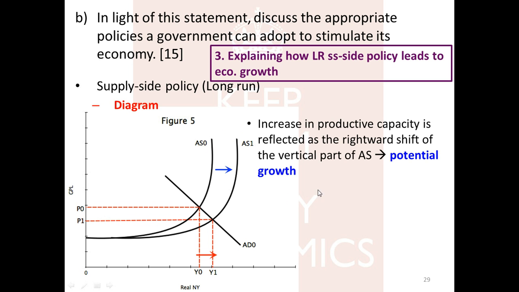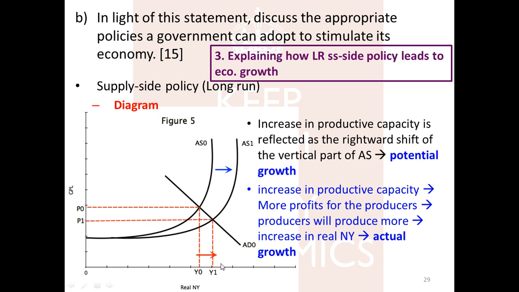So what we see here is actually potential growth. Now, but the key thing here is this. Now, this is the interesting part of long-run supply-side policies. Not only does it result in potential growth, it also results in increase in real national income, which means actual growth.